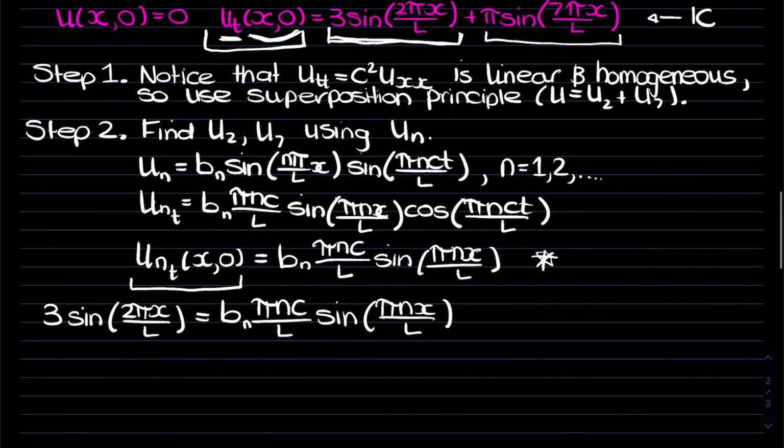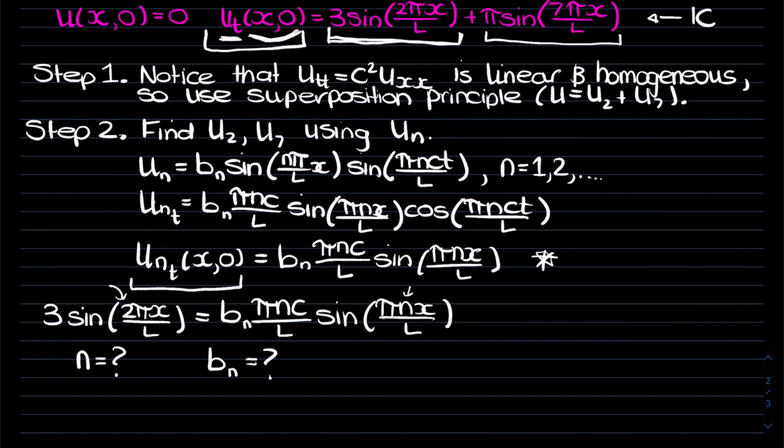And now all we want to do is match n, so we want to find n and we want to find b_n. Now n's pretty easy to find. If we're just matching the left-hand side with the right-hand side, you'll see that n here should equal 2 in order to match this.